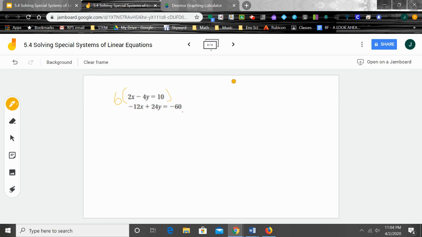So that's going to be 12x minus 24y equals 60. Now let's come here. That stays the same, plus 24y equals negative 60. So how are we going to solve this?